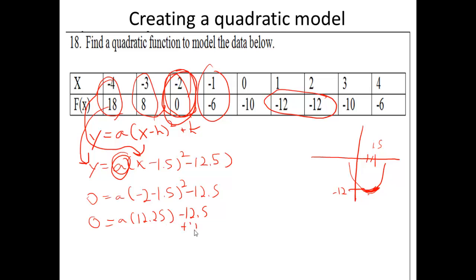We're going to add 12.5 on both sides. And we end up with 12.5 is equal to a times 12.25. Divide that on both sides. And we end up with a is equal to 1.02.